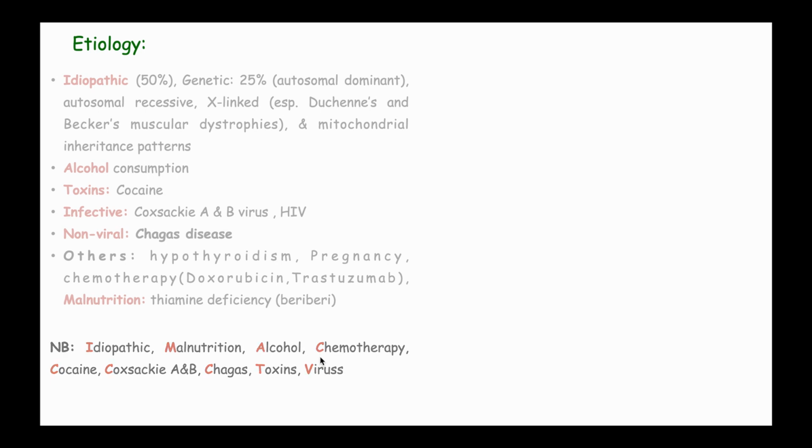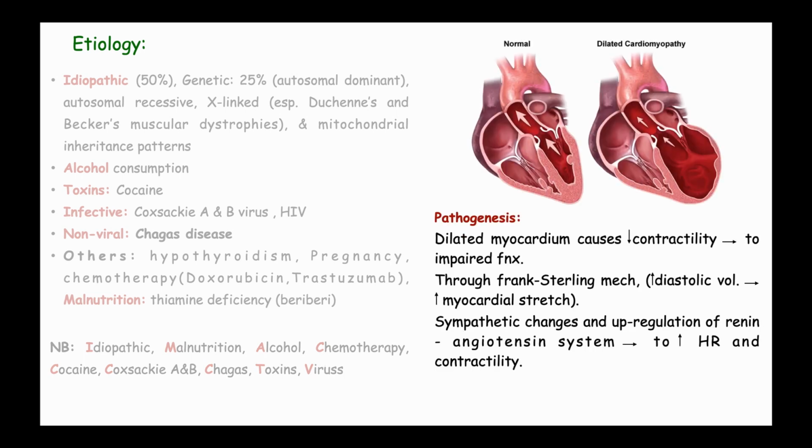Now, let's go ahead and look at the pathogenesis of dilated cardiomyopathy. Looking at the diagram on our left, we find that the heart muscles over here are normal. We don't see any abnormality in it.